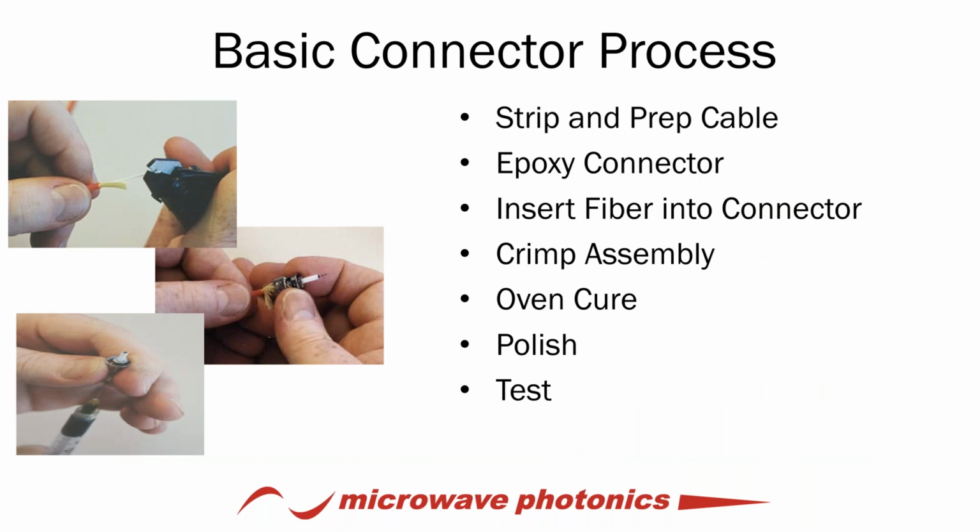Connectors in themselves go together very similar to how any of you who have ever made or handled a traditional coax connector. You strip the fiber cable, you expose the center conductor, you insert the fiber into the connector, there's a crimping process, the epoxy cures within the connector, we then polish that connector and it gets tested.